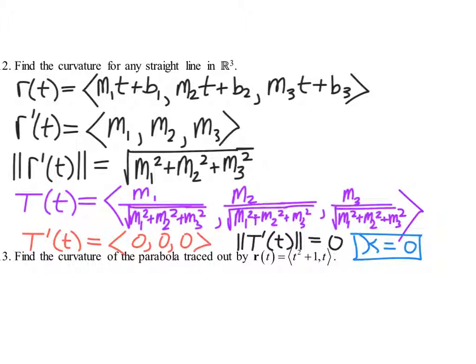It would just be a numerical vector. It wouldn't be a vector valued function. It wouldn't be a line. That's one thing I can say. You're looking at something that's going to be 0 over some real number, in which case the result is equal to 0.